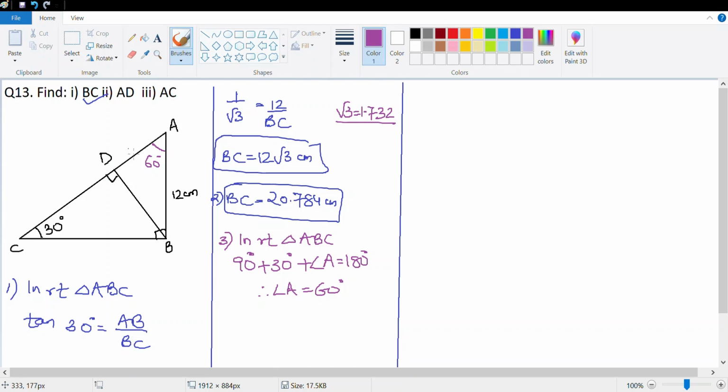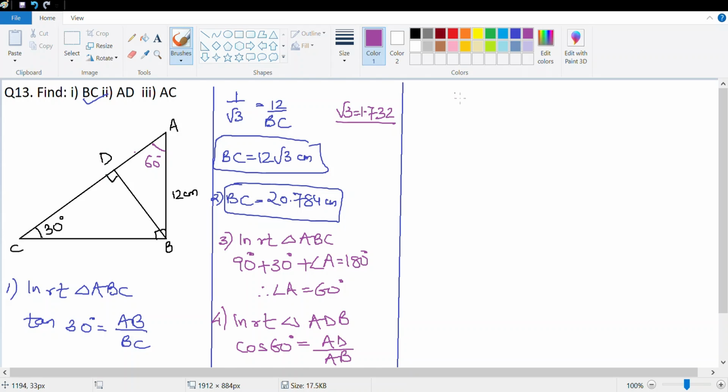I need to calculate AD. So in this right triangle ADB, this is adjacent and this is hypotenuse, which means I'm looking at cos. So in right triangle ADB, I have cos 60 degree is equal to base, which is AD, upon hypotenuse, which is AB.